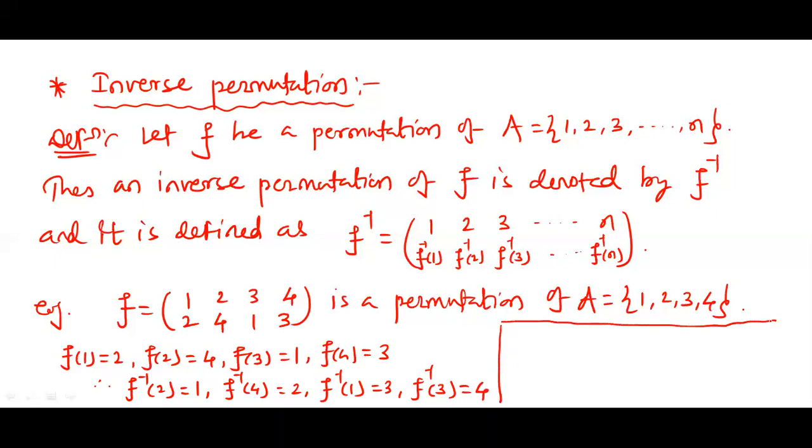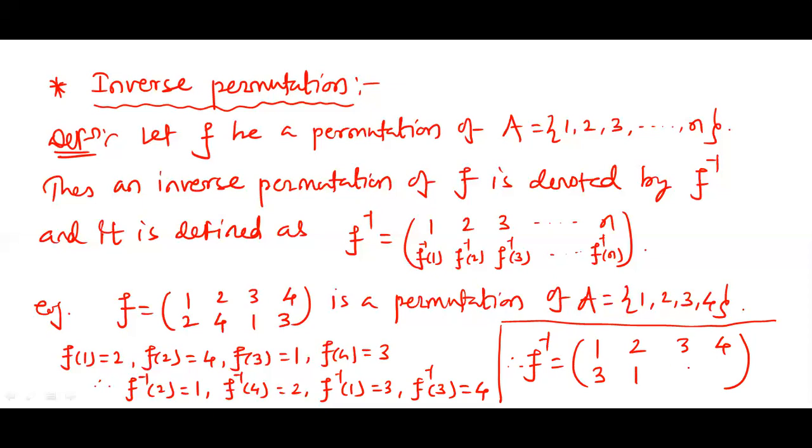Therefore, here the permutation f inverse is the permutation in which the first row is 1 2 3 4, and the second row is the images of the corresponding elements under the function f inverse. What is f inverse of 1? 3. F inverse of 2, 1.